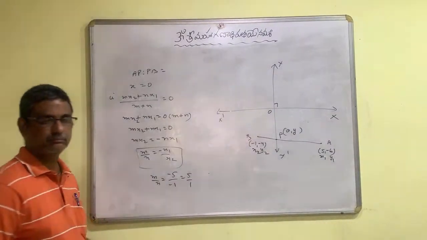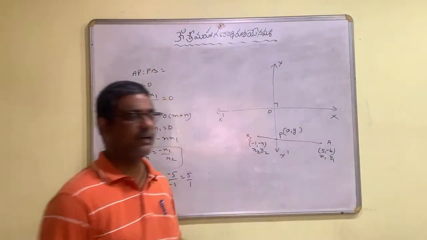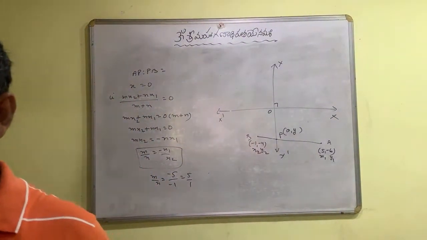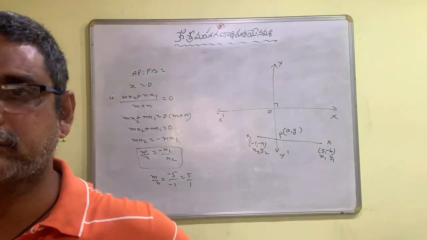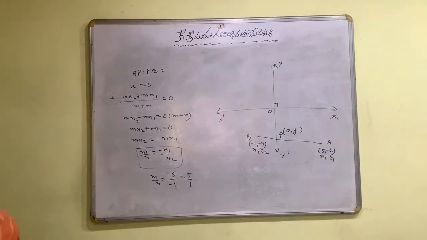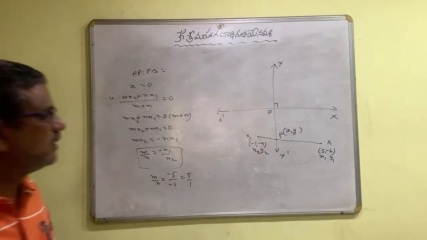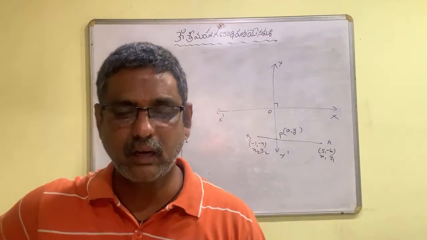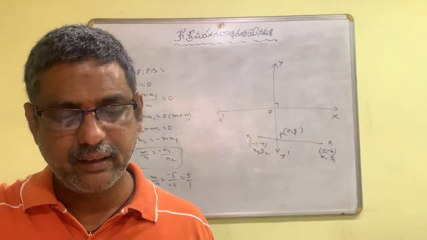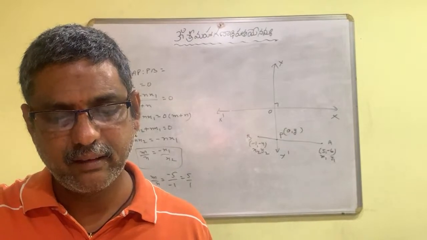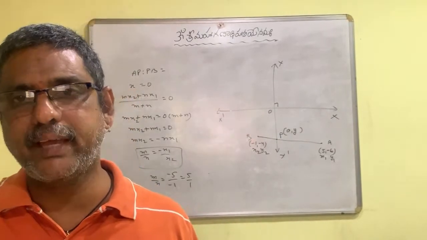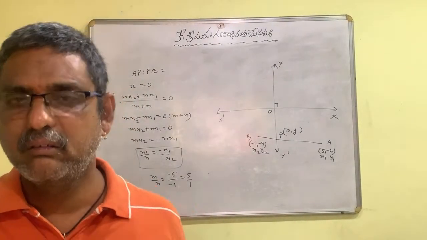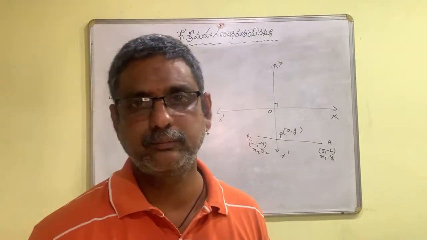This is A, this is B. Correct. So it is 5 is to 1, not 1 is to 5. 5 is to 1 only. He clearly gave that the first point is (5, -6) and the second point is (-1, -4). So 5 is to 1 only.